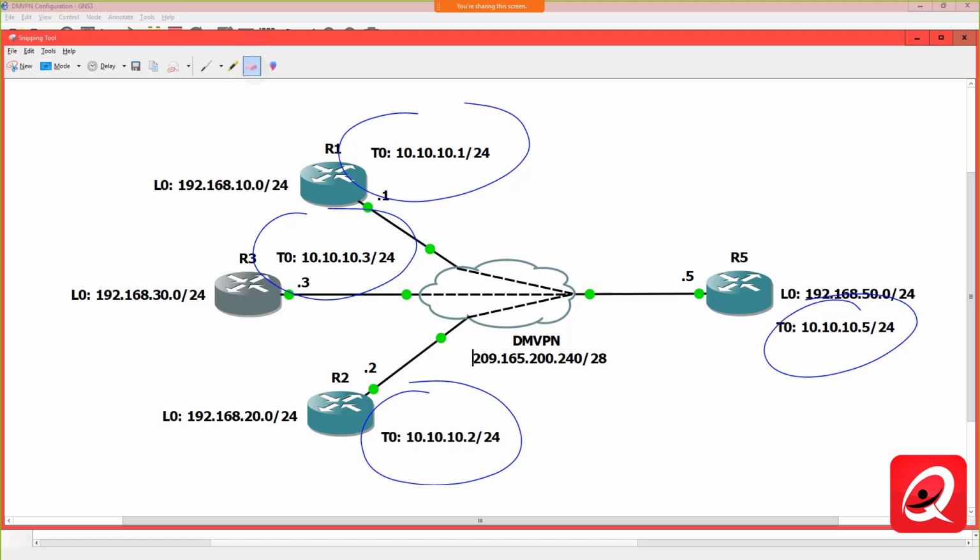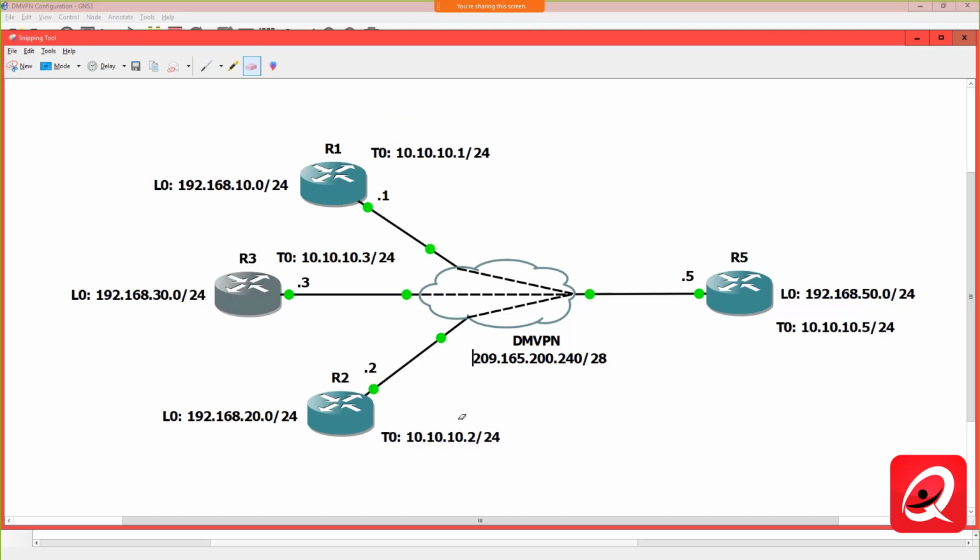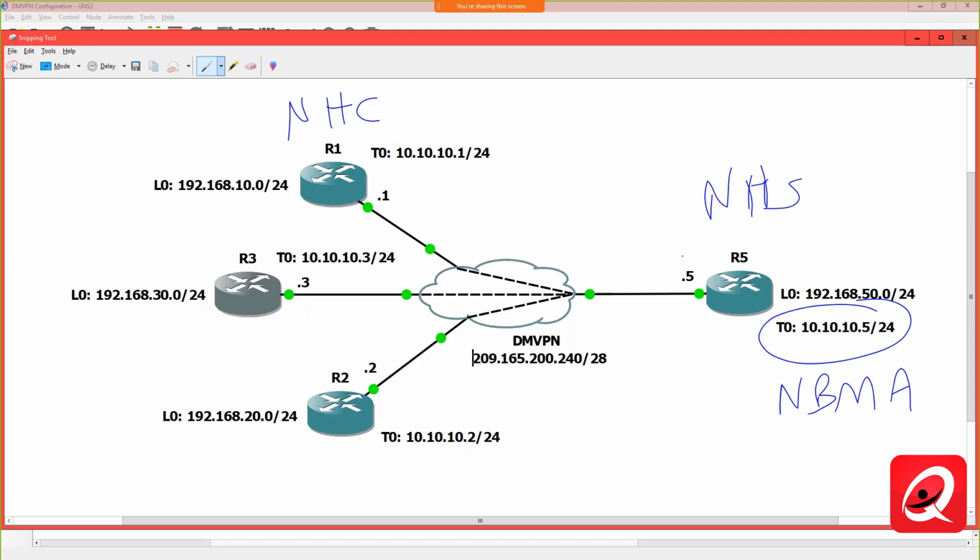So to use this diagram to reference some of the terms that we talked about before, this is my next hop server. These are my next hop clients. These are my NBMA addresses, and these are my VPN addresses.